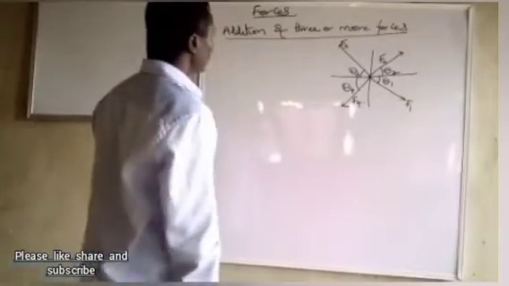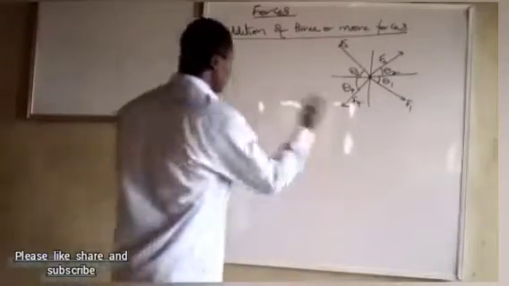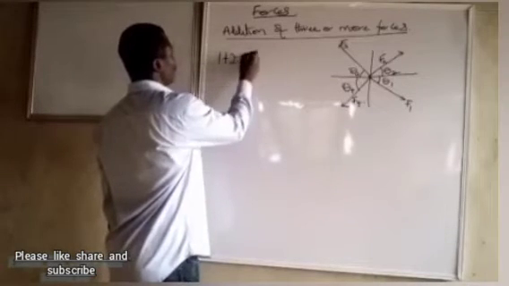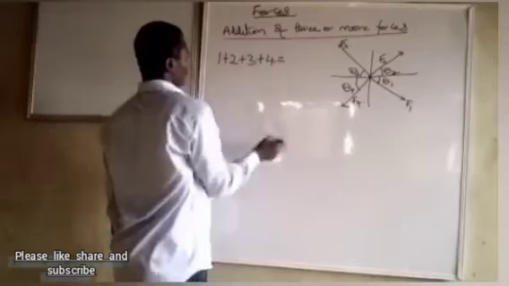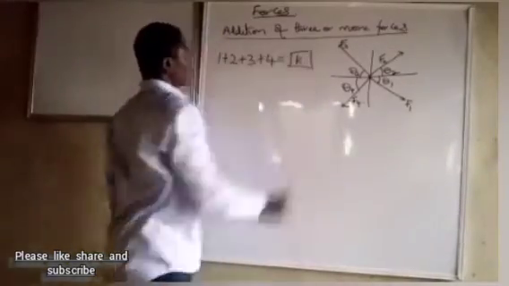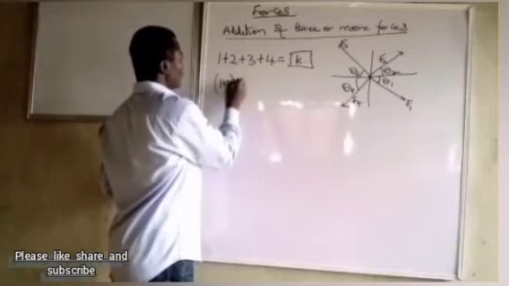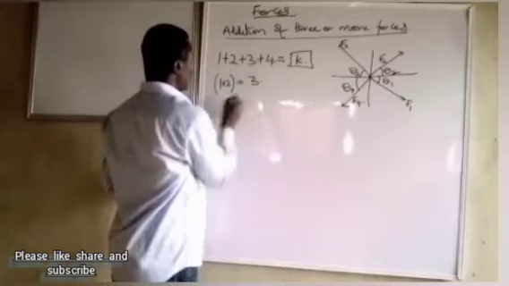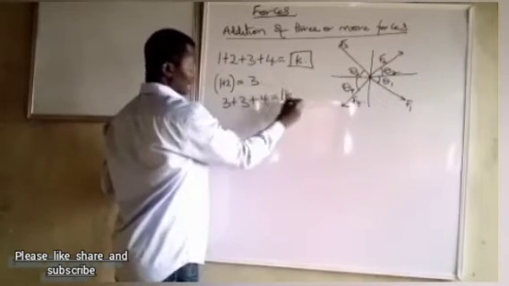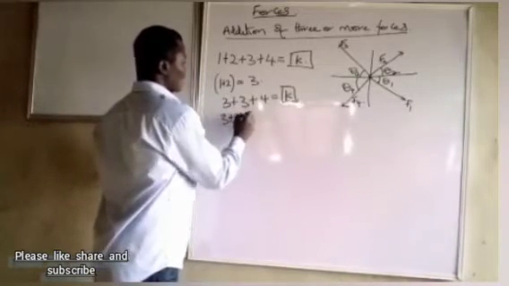Here I can just add them in pairs. Let's say I want to add algebraically 1 plus 2 plus 3 plus 4. I can do 1 plus 2, which gives me 3. Then 3 plus 3 plus 4. Again, I can take 3 plus 3, which gives me 6.